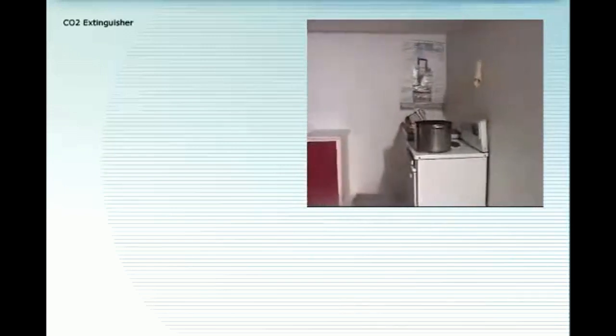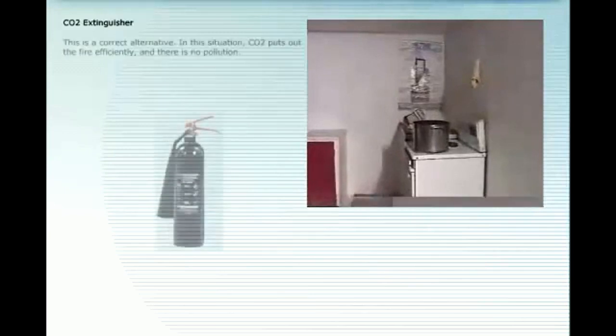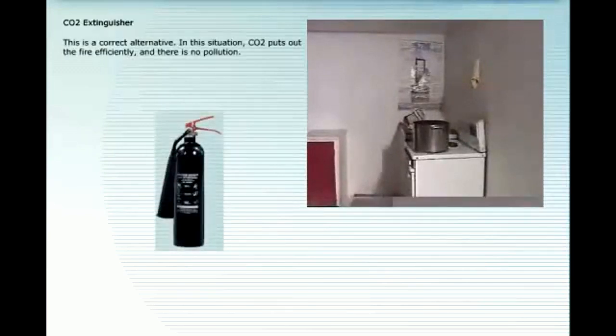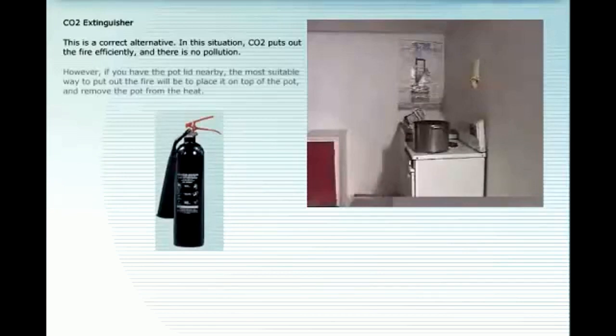This is a correct alternative. In this situation, CO2 puts out the fire efficiently and there is no pollution. However, if you have the pot lid nearby, the most suitable way to put out the fire will be to place it on top of the pot and remove the pot from the heat.